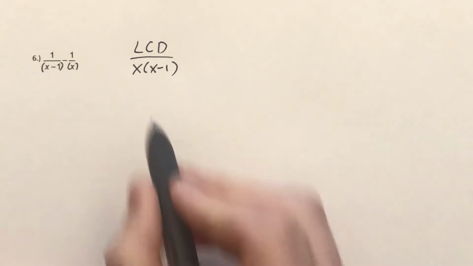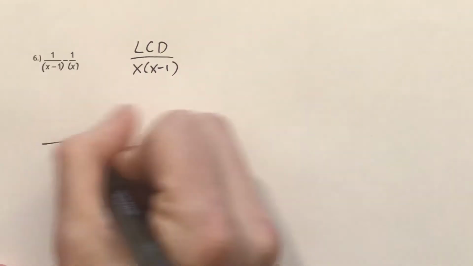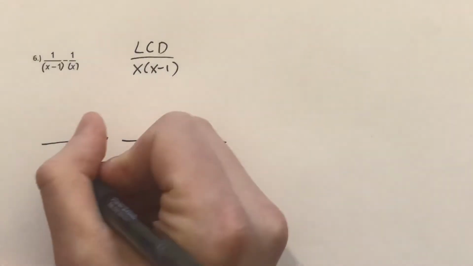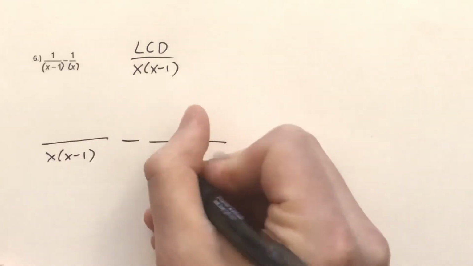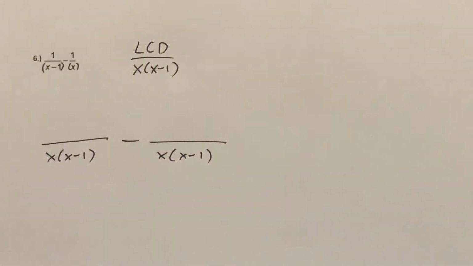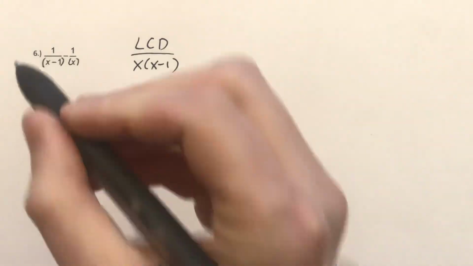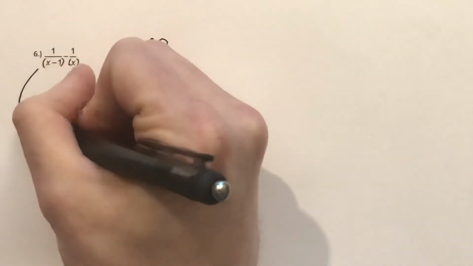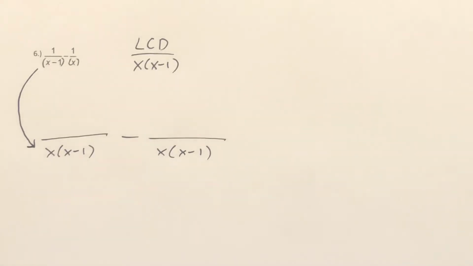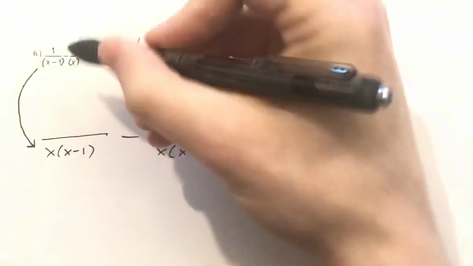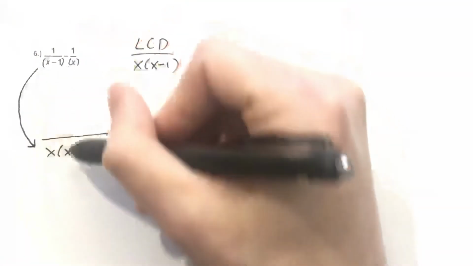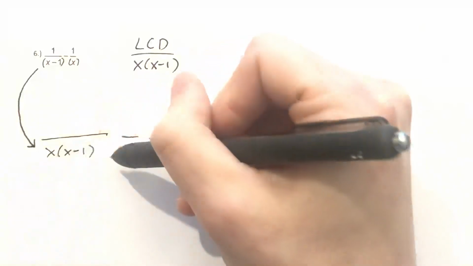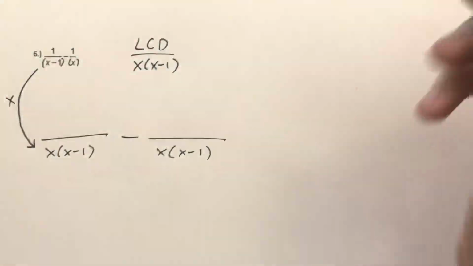And you'll see why we have to do that here in a second, because as we go to that next question of rewriting both these fractions with that LCD, we have to be able to answer this question of, we had this in the denominator, now we have this, what do we multiply by, right? So we had x minus 1 as a factor, now we have x times x minus 1, so we multiplied by an x, right?